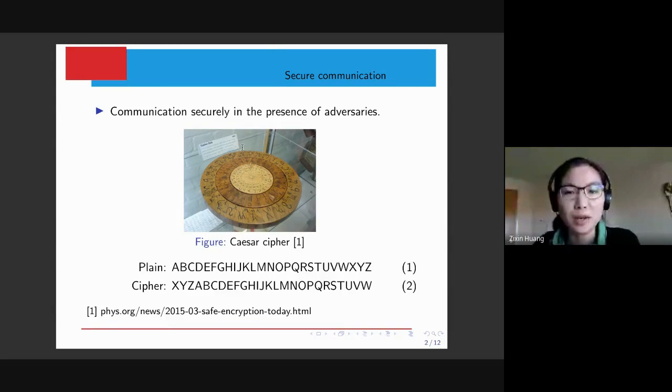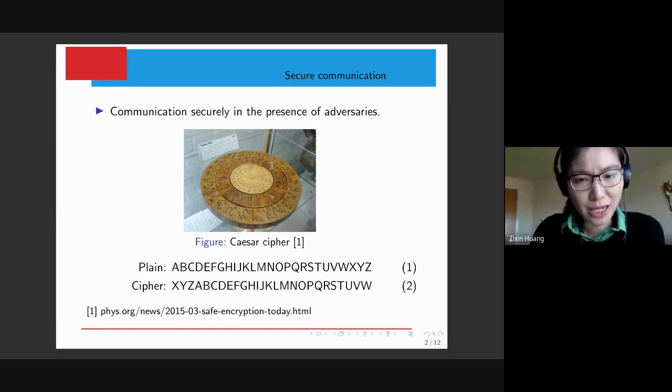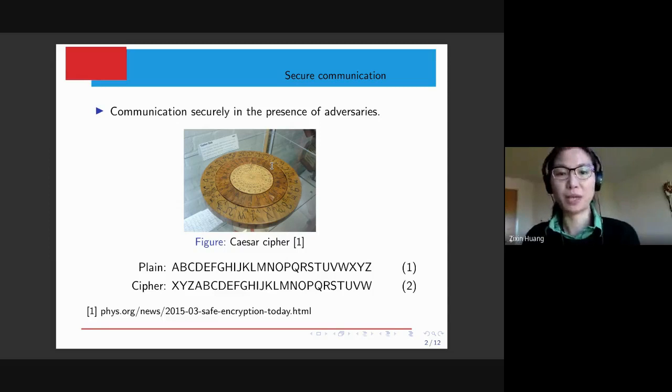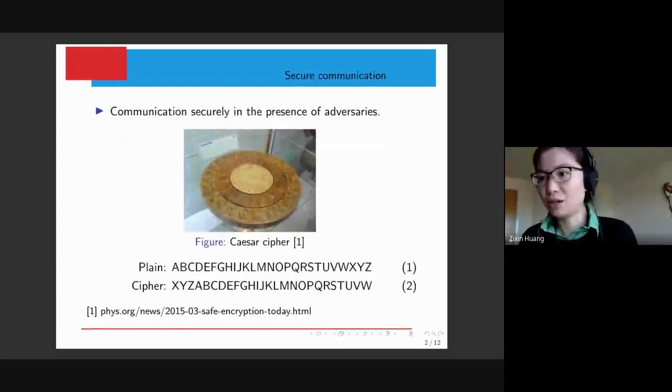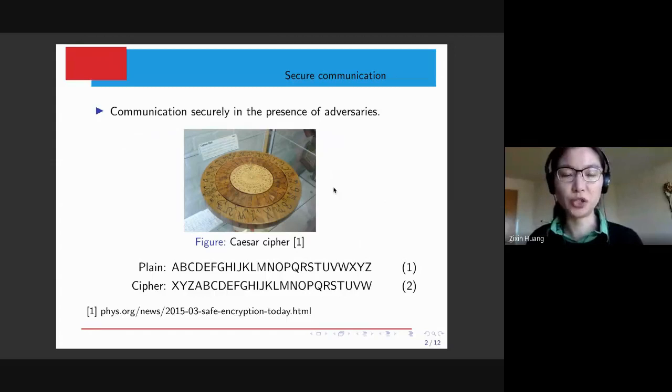So on screen here, what you're seeing is a device called the Caesar cipher, named after Caesar, who used this to encrypt some of the texts that he needed to send. So this is a pretty simple encryption device. It basically uses a substitution encryption, which just means you are substituting one alphabet for another.